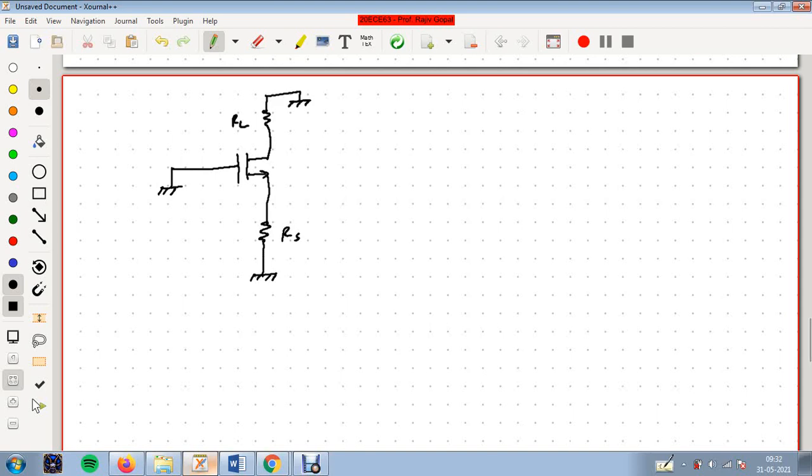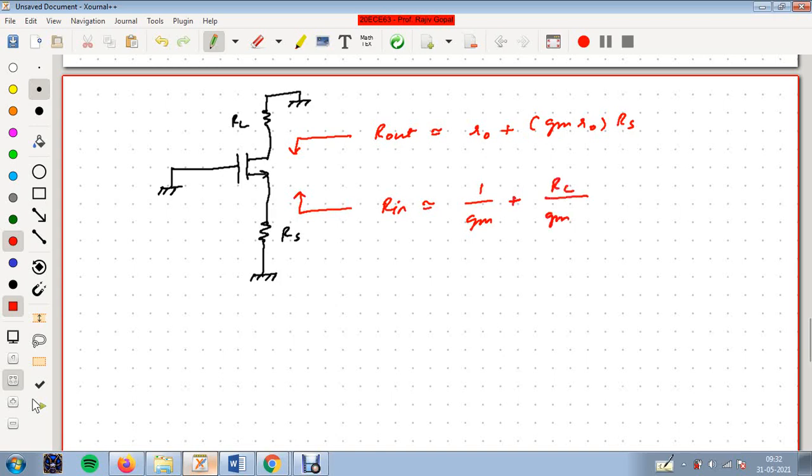The impedance seen in this direction is Rout equal to R0 plus Gm R0 into Rs, right? And the impedance seen in this direction was Rin equal to 1 by Gm plus RL by Gm into R0.